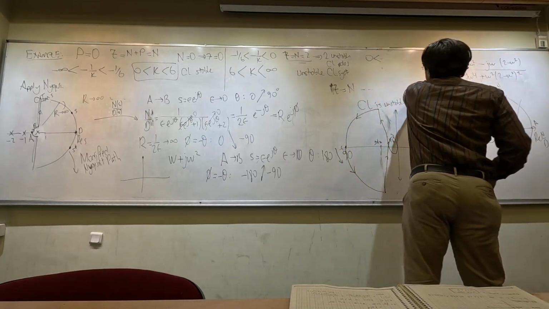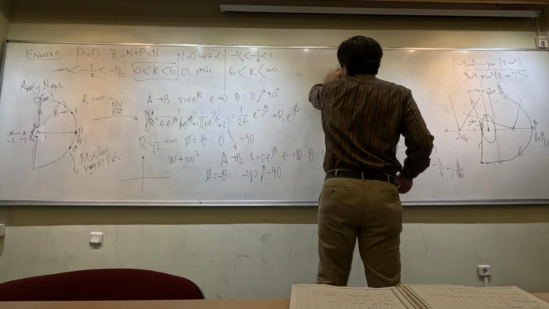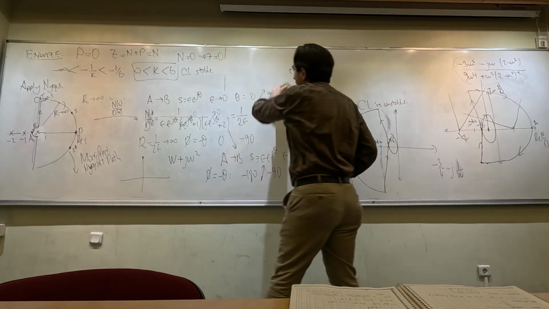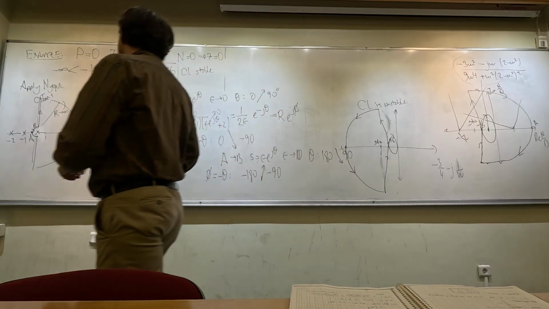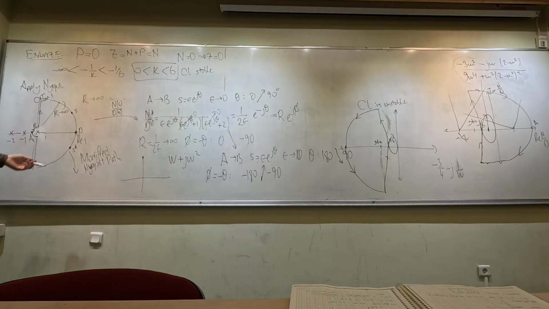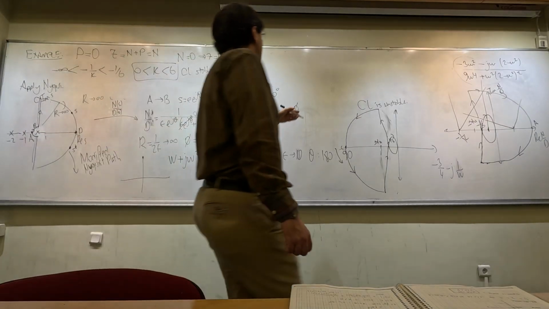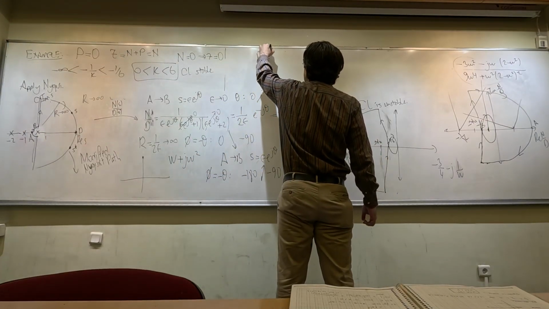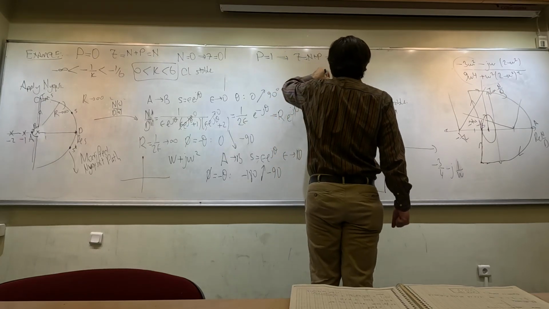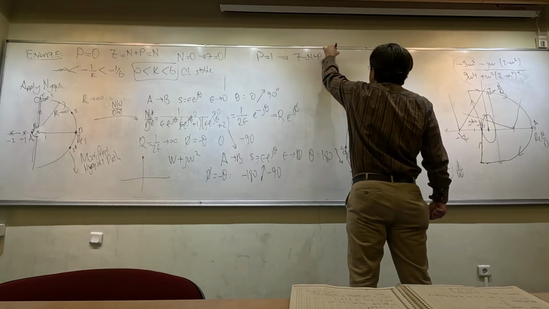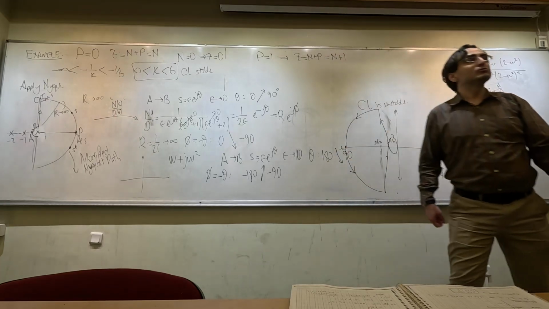So I can now try to make a stability analysis, but of course we shouldn't expect to obtain anything new here. I need to obtain exactly the same results. So now what is P? How many open loop poles does this original curve encircle? 1. So in this case, P is equal to 1, and we have Z is equal to N plus P, meaning that we have Z is equal to N plus 1 always.